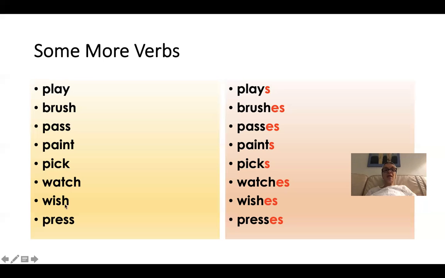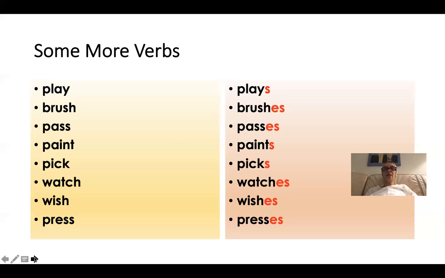They use the action word as it is in its root word form. You play, I brush, you pass, I paint, you pick, I watch, you wish, I press. I don't ever say I plays, you brushes. That's absolutely wrong. That's not good English.